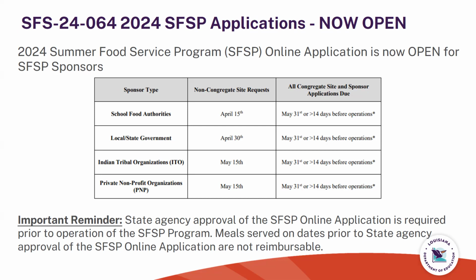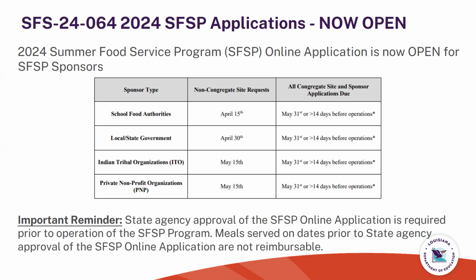Some important reminders: state agency approval of the SFSP online application is required prior to operation of the program. Meals served on dates prior to state agency approval of the SFSP online application are not reimbursable. For an overview of the non-congregate portion of the online application, please refer to attachment A of this memo.